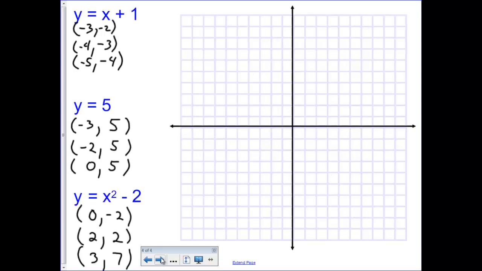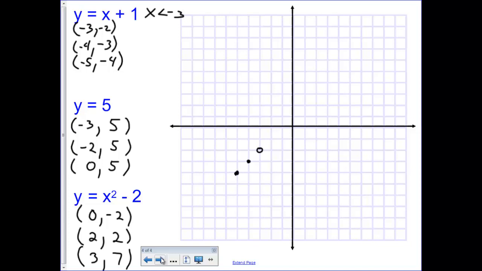So I've copied those answers over here. One thing I want to keep in mind is this first one has to have x's that are less than -3. So when I put in my first point, -3, -2, I'm going to start with an open circle because it's not equal to -3, but that is a boundary line. My next ones are -4, -3, and -5, -4, so I can put a dot there and here.